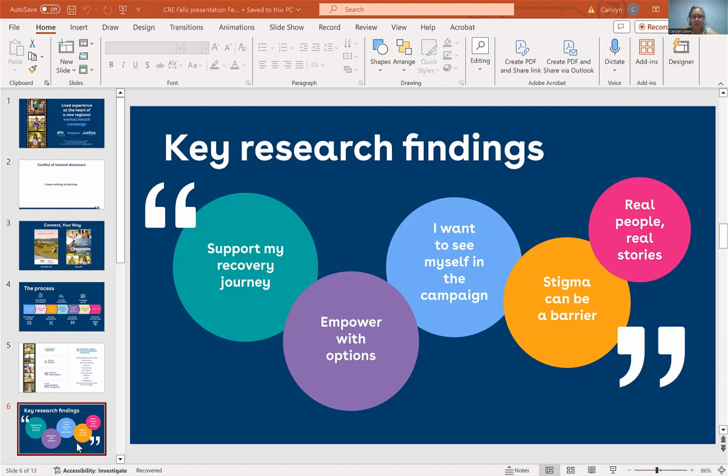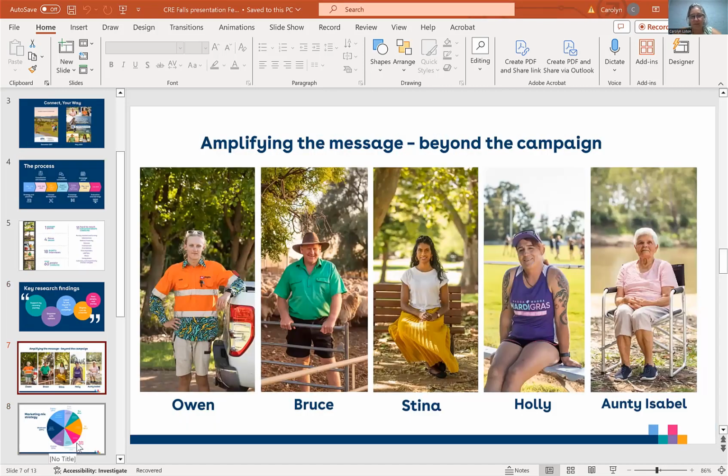So what we ended up with was 5 key heroes. They're all local people. You can see a tradesperson, a farmer, someone who was originally a refugee, someone from the LGBTIQ community, and someone who was a First Nations pioneer. And the campaign was centred around their stories.